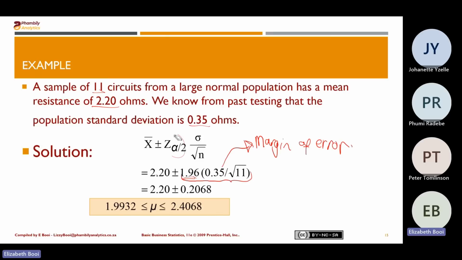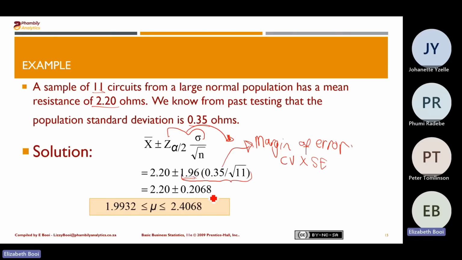So the margin of error is your critical value times your standard error. Critical value times your standard error gives you the margin of error.